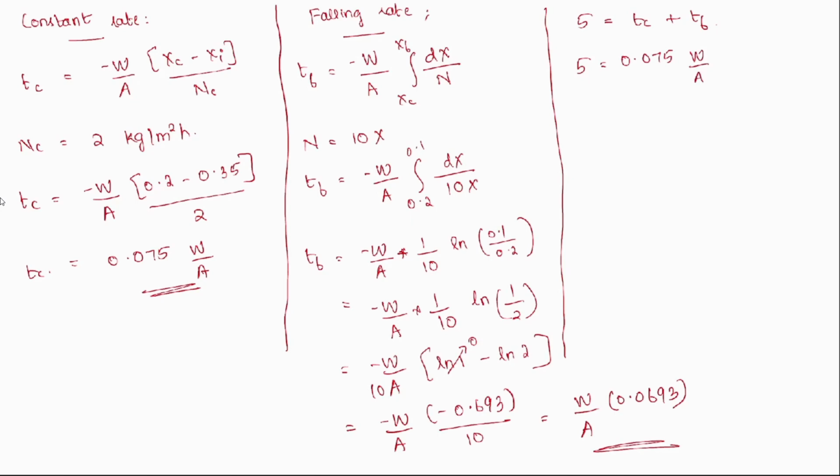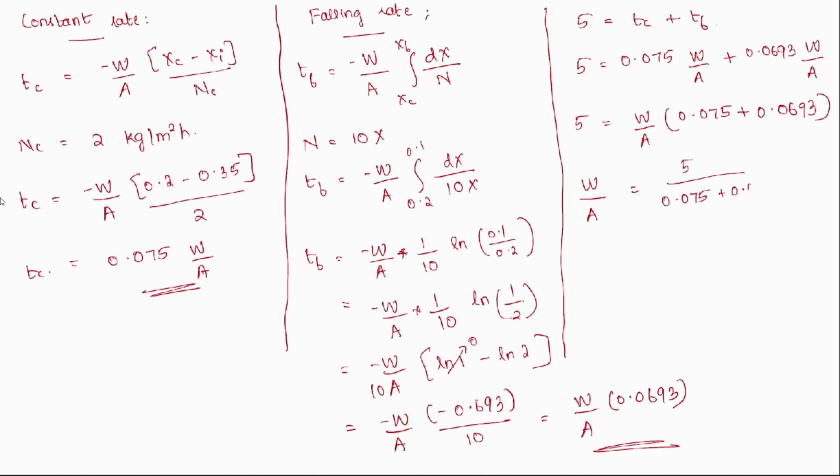Just substitute the values for Tc and Tf here, and we'll get a linear equation with the only variable as W by A, and we need to find only that. Just rearrange this equation. We can find the value for W by A as 5 divided by 0.075 plus 0.0693.